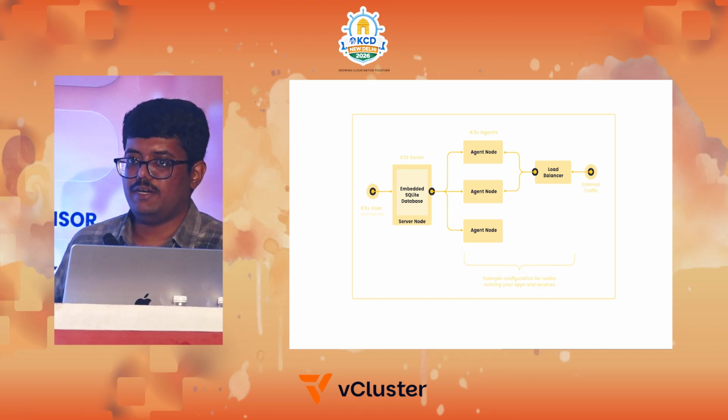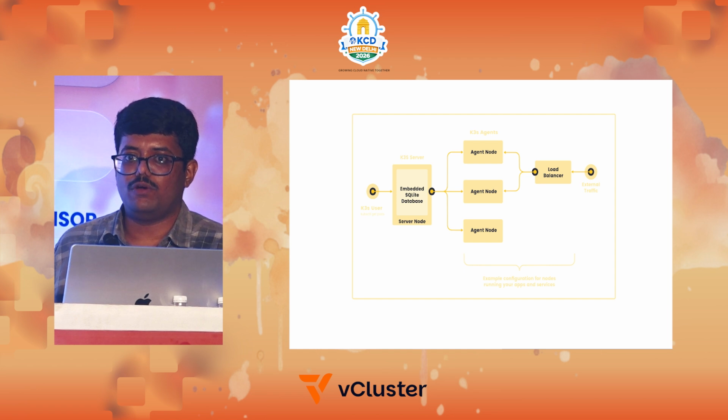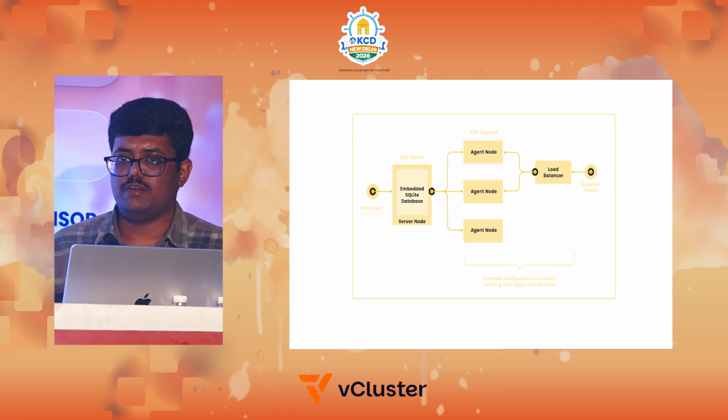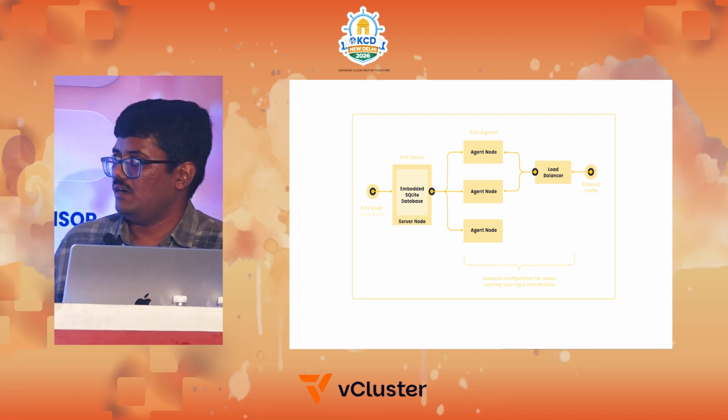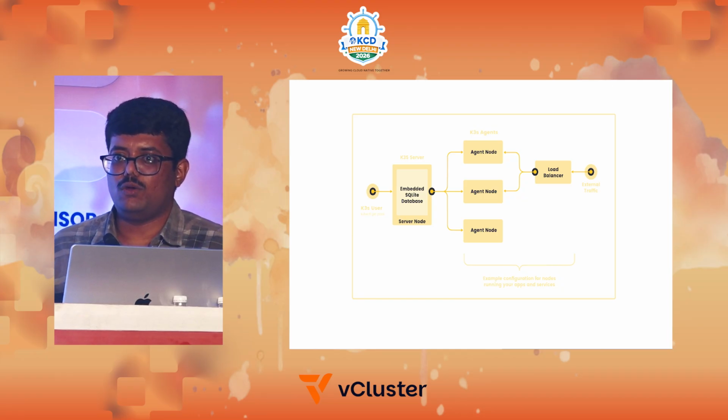Now, if I want any sort of load balancing or deployment, there is a load balancer service. It was previously called Klipper load balancer, but now it's called Service LB. Service LB simply runs as a daemon set inside all of your nodes.